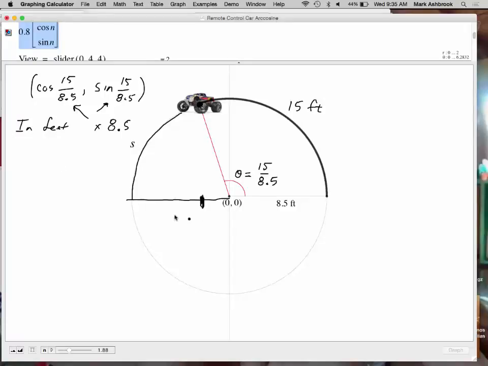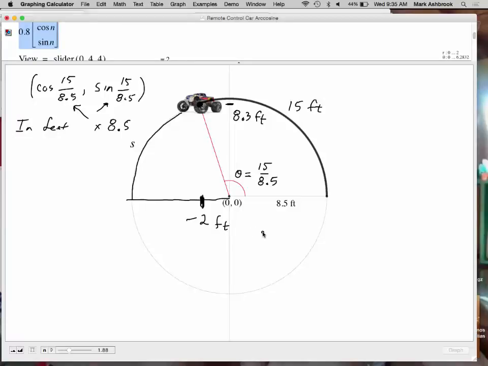So maybe negative 2. Okay? And then estimate the number of feet above the horizontal diameter. What would it be? Yeah, something greater than 8, right? So maybe 8.3. Okay, check your estimates. So our estimates are negative 2 and 8.3 feet.